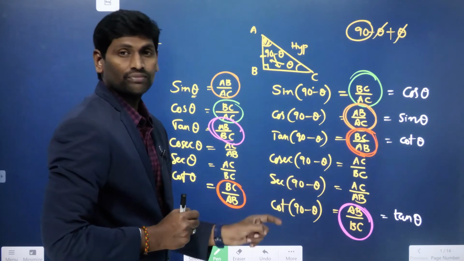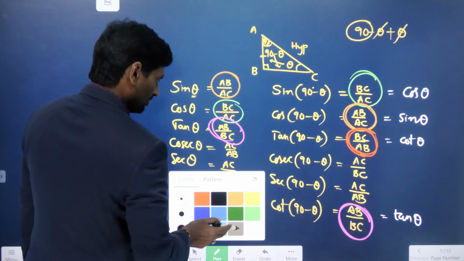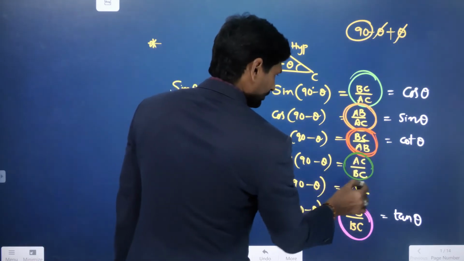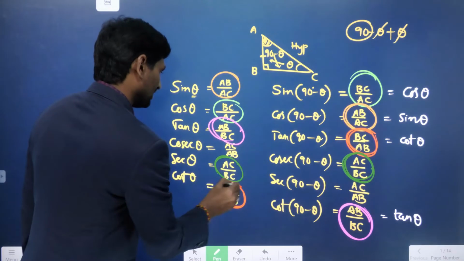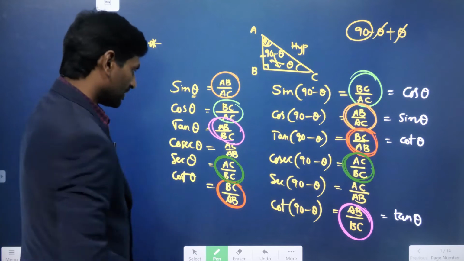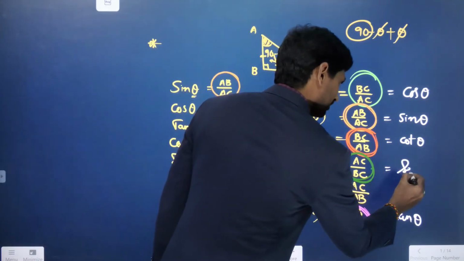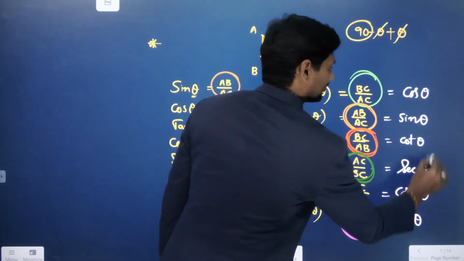Just identify them. Cosecant 90 minus theta is AC by BC. Where is AC by BC? Here, secant. Cosecant 90 minus theta becomes secant theta. Same way, secant 90 minus theta becomes cosecant theta.